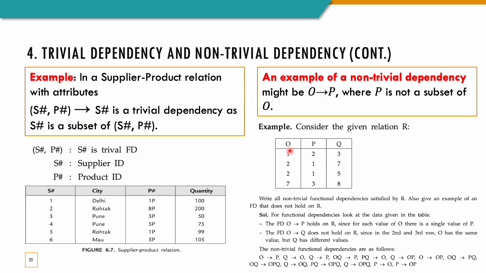However, O to Q does not hold because the same value of O, like 2, has multiple values for Q, both 7 and 5. So there's no unique dependency from O to Q. The non-trivial functional dependency helps to describe meaningful relationships in data, while trivial dependency doesn't give us any additional useful information.